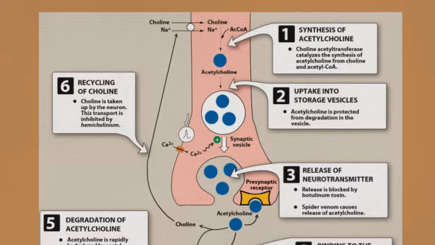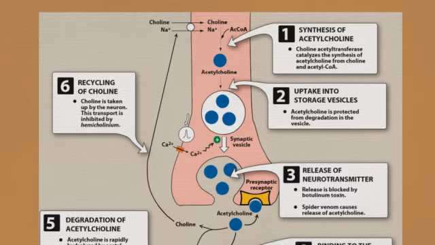Choline is transported from the ECF. It enters the axoplasm of the cholinergic neuron with the help of an energy dependent carrier system. It is co-transported with sodium. You can see both of them entering the axoplasm of this neuron.